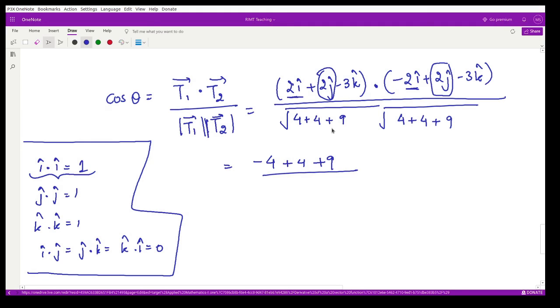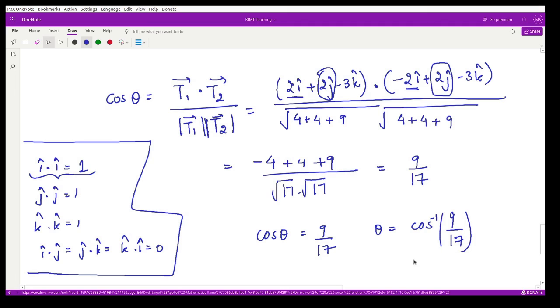So this is divided by square root of 17 and square root of 17, which is 17. So your cos theta is equal to 9 upon 17. Therefore your theta is going to be cos inverse of 9 by 17. So this is the angle between the two tangents, right?